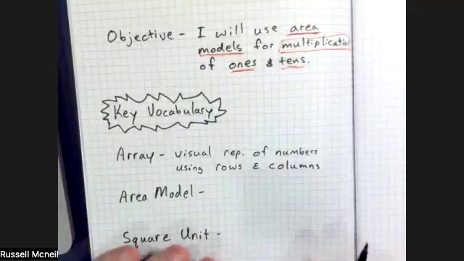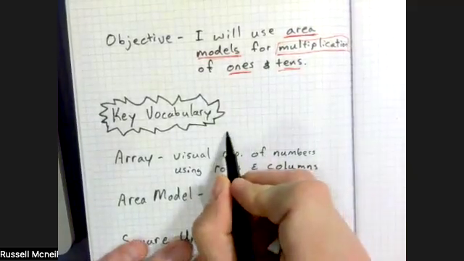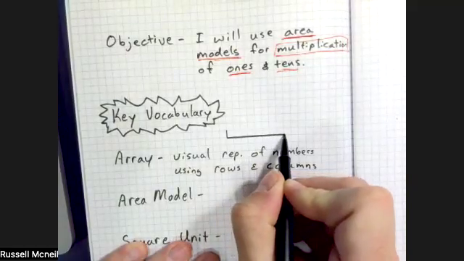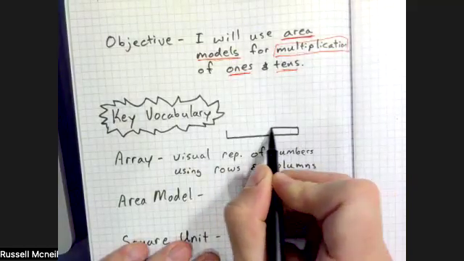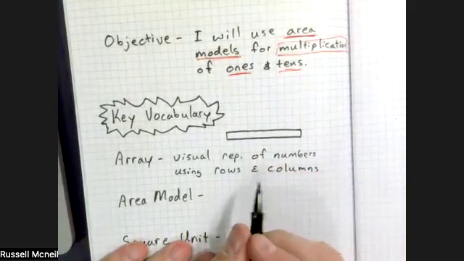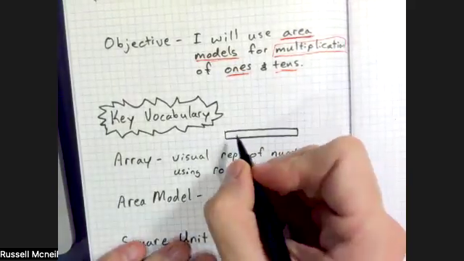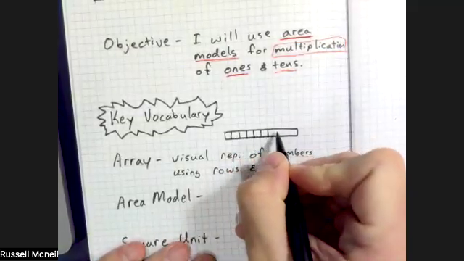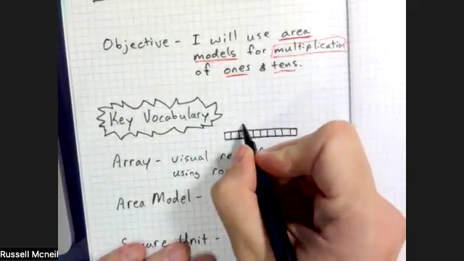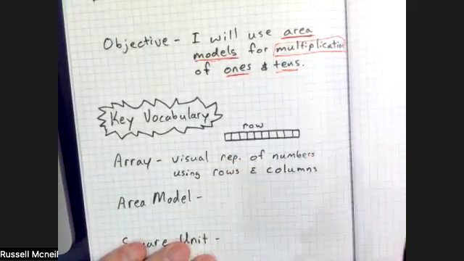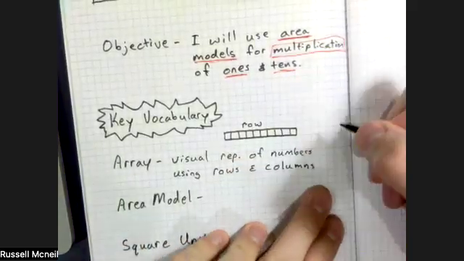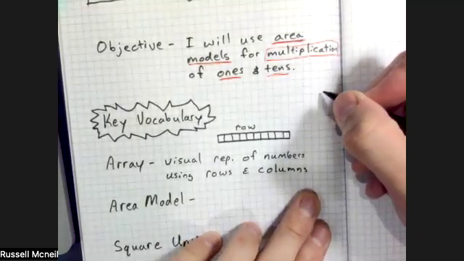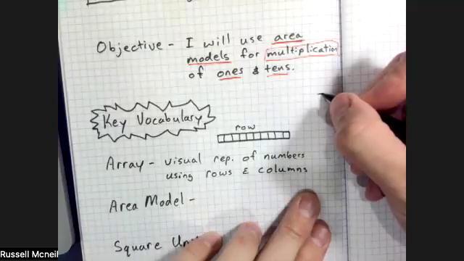A quick example of a row would be this. This is our example of an array that is a row. And thankfully, using our grid paper, we can come up with a column pretty easily.